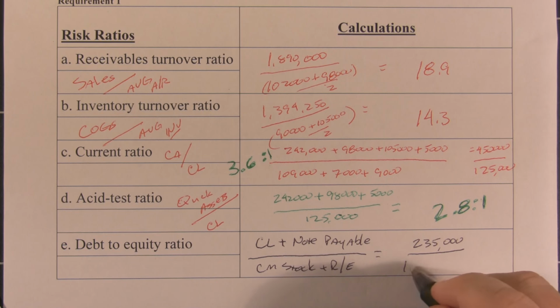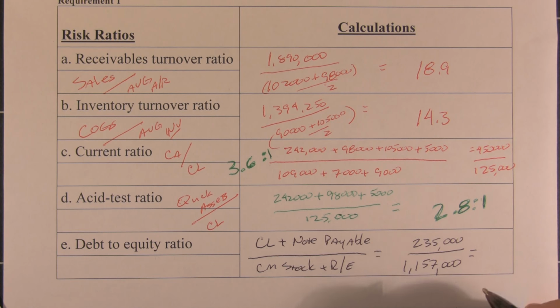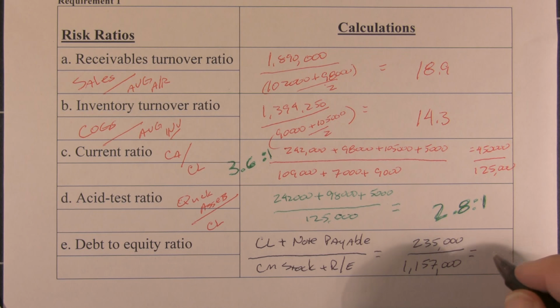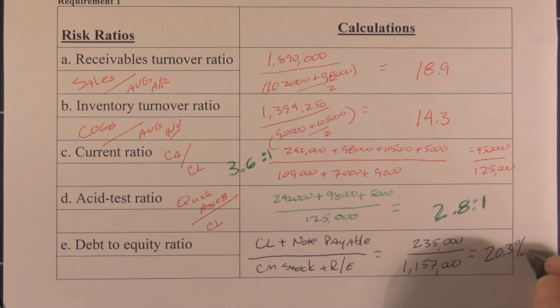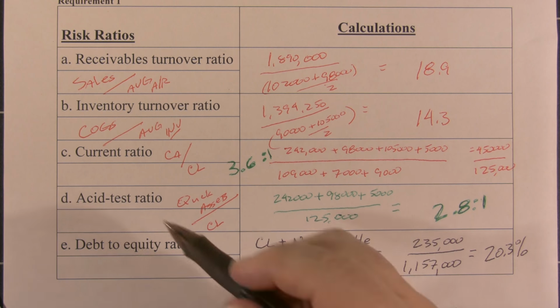That's 1,157,000. So our debt to equity ratio is 20.3%.